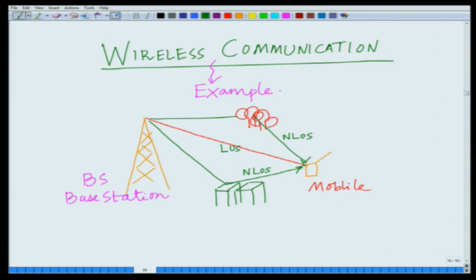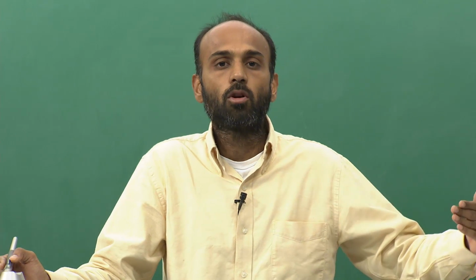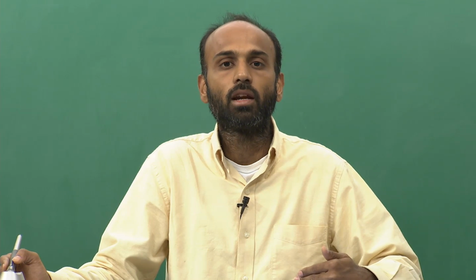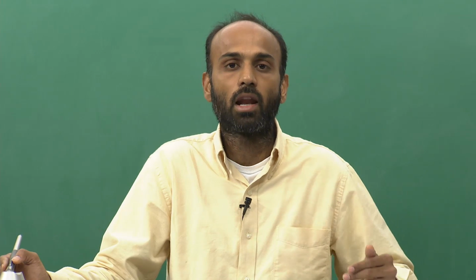In a wireless communication environment, we have a transmitter and a receiver. There is no dedicated medium, or guided propagation medium, between the transmitter and receiver. Therefore, a signal is radiated into space by the transmitter. This propagates along a direct line of sight path from the base station to the mobile. This is also represented by the nomenclature LOS, which stands for line of sight.